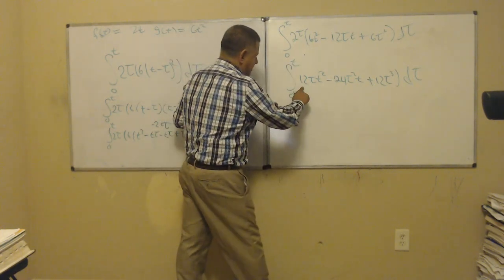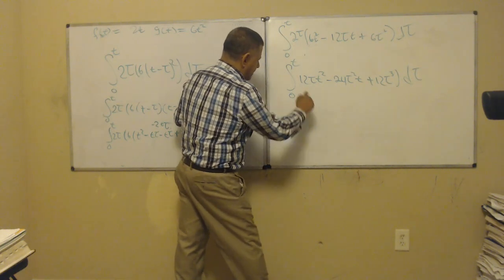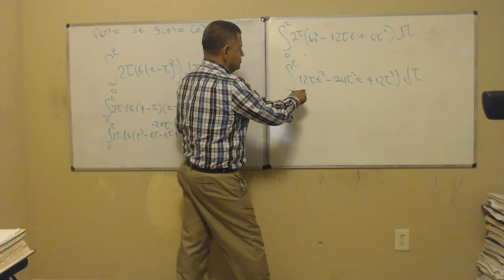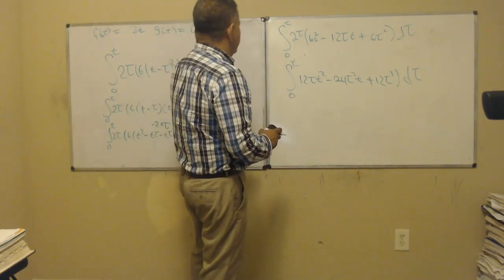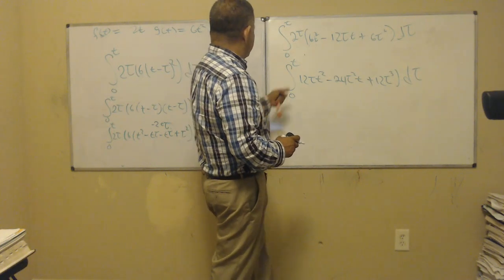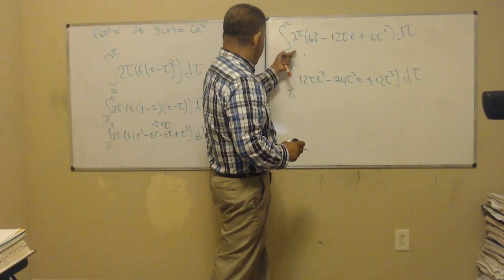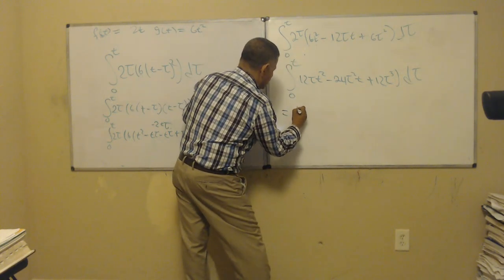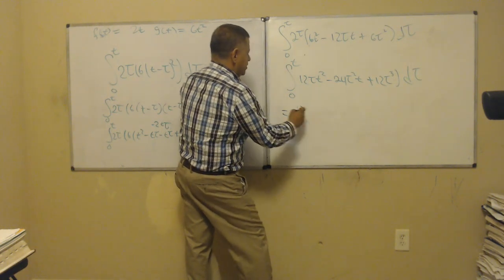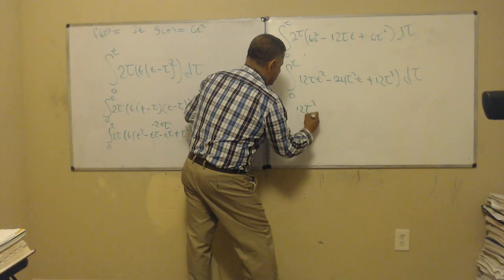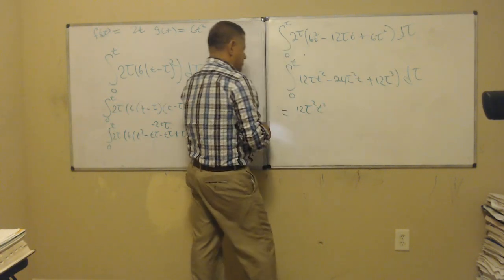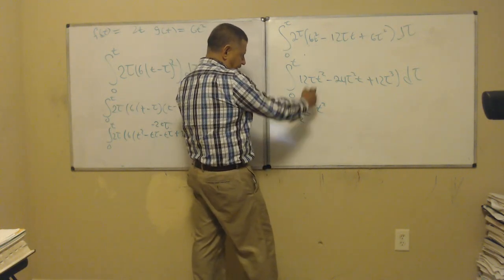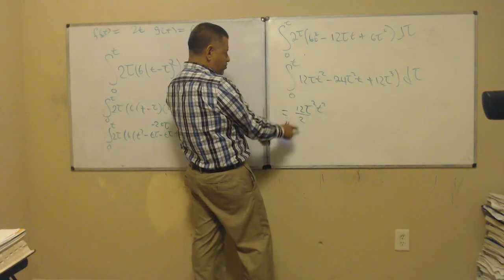When I integrate, this guy becomes 12 tau squared t squared, divided by the exponent that is created with the integration.